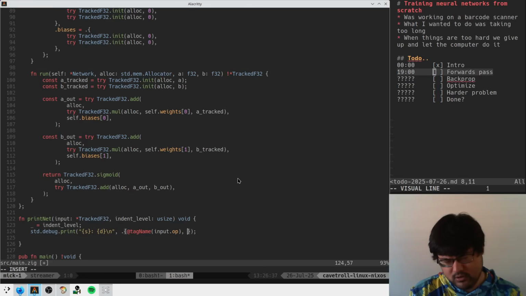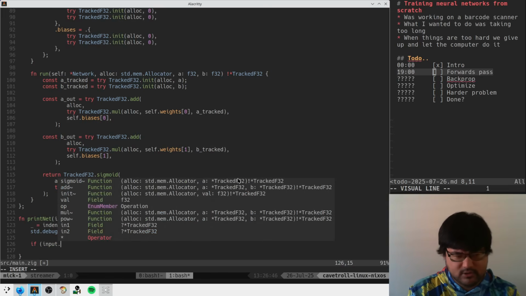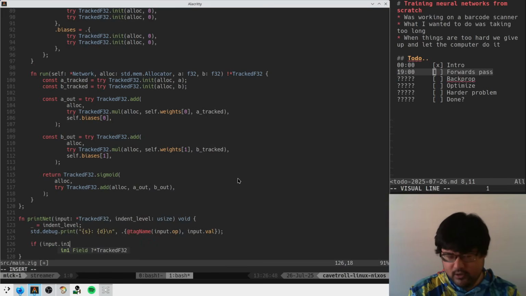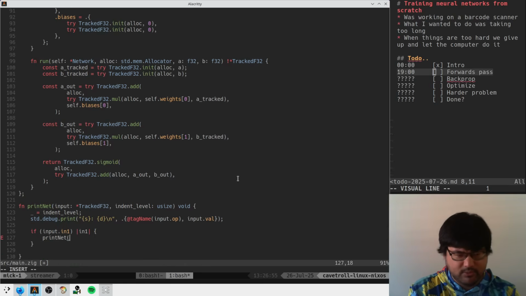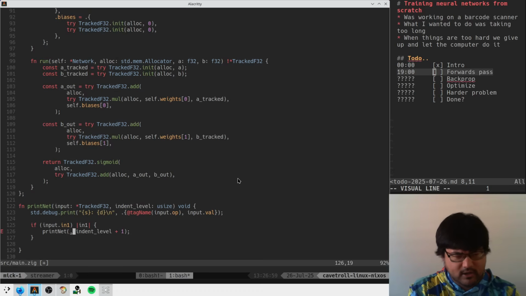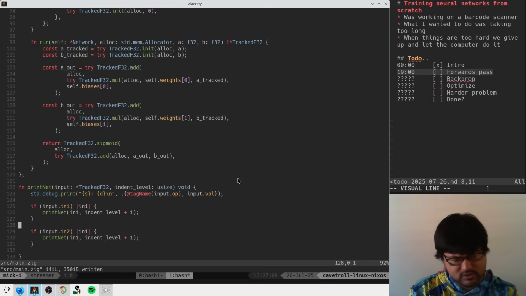Oh, this is his value. Yeah. And then I guess we're gonna say if input in 1, we print the network again, but with the indent level up by 1. And this we print in 1. And then we go into. Okay, yeah, that's reasonable so far.